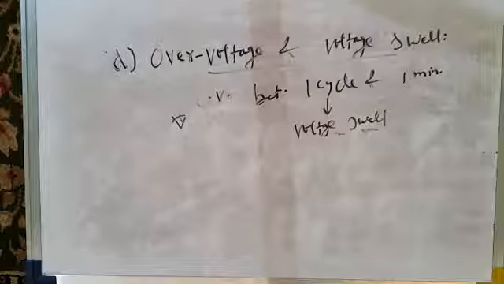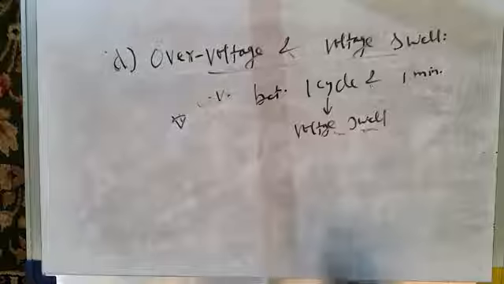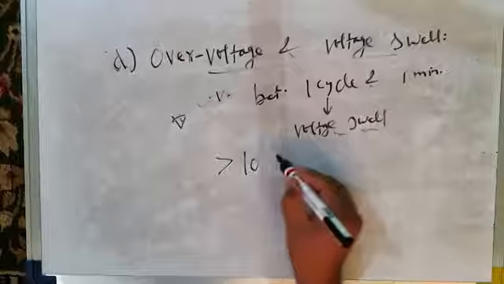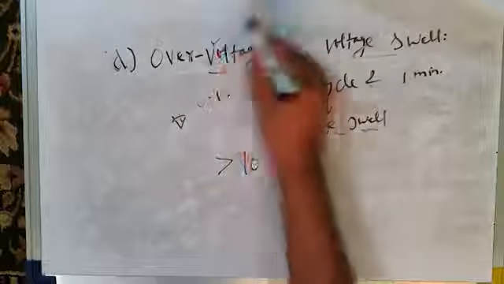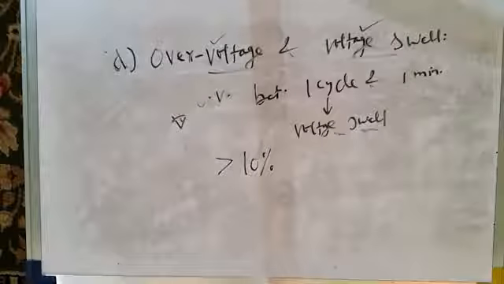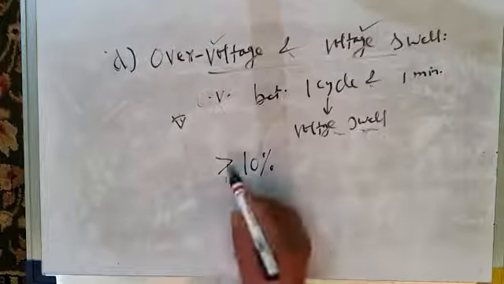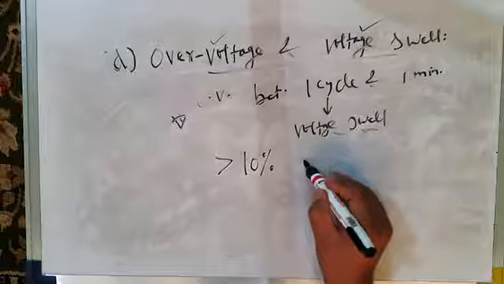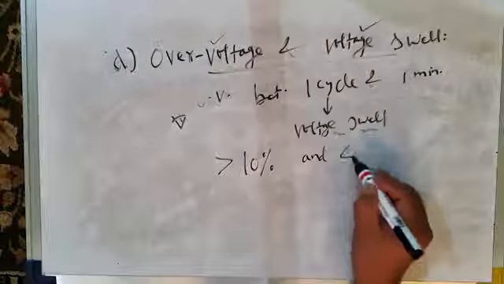Now the increase in the voltage is more than 10%. When there is over voltage or voltage swell, the magnitude increases above the rated value by greater than 10% and less than 80%.